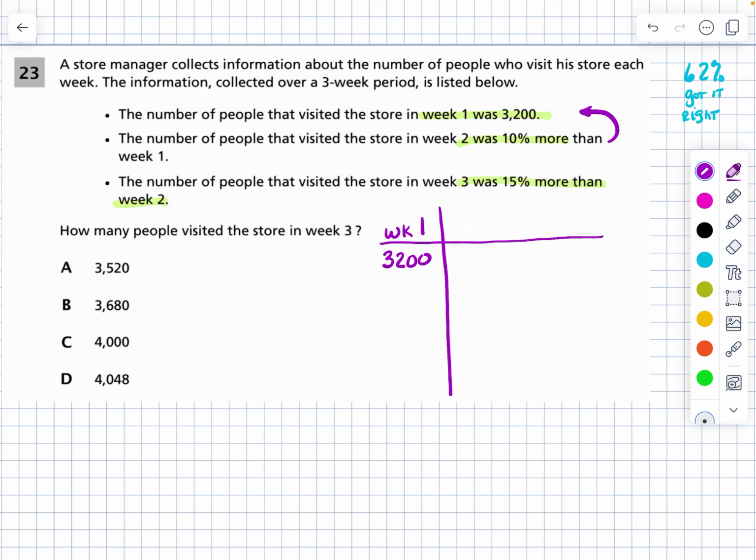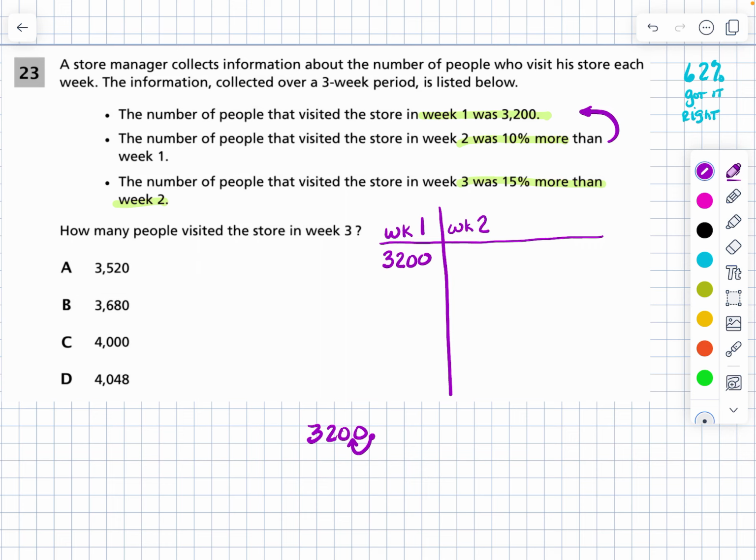Now when I see 10%, I automatically know how much that is because I've done it several times. It's actually very simple. I'm going to show you really quick what I do. 10% of any number is just that number. The decimal is always at the end of every number if it's not somewhere else. 10% is just moving the decimal one place over, and there you get 10% of the number, which is 3,200.